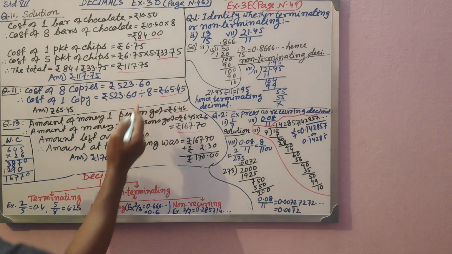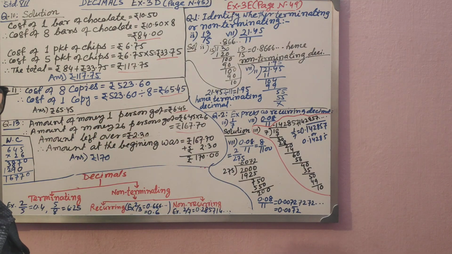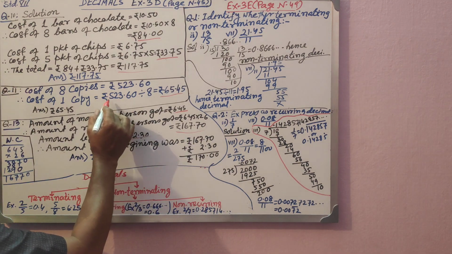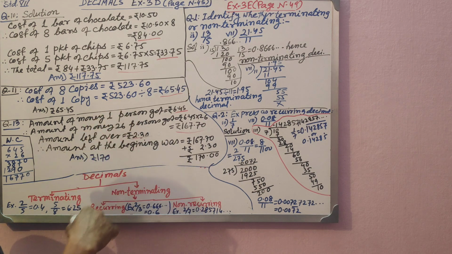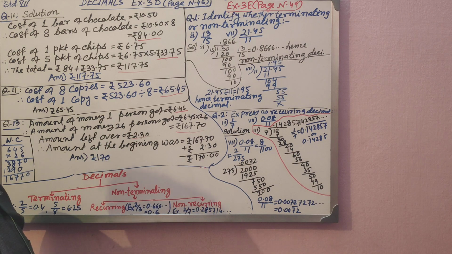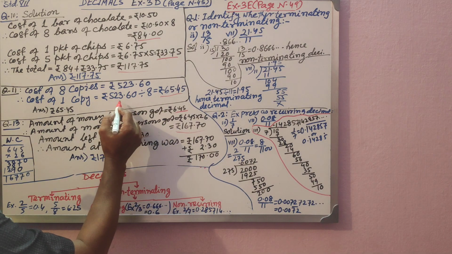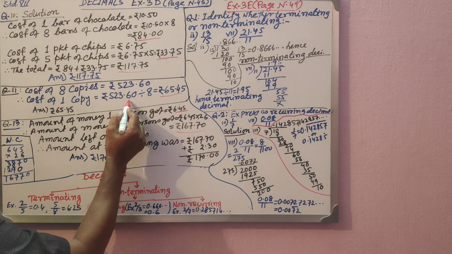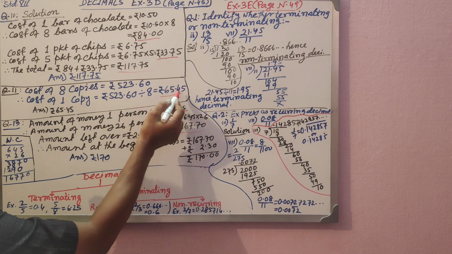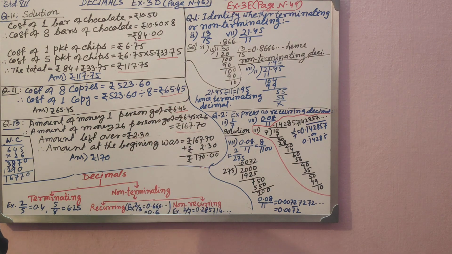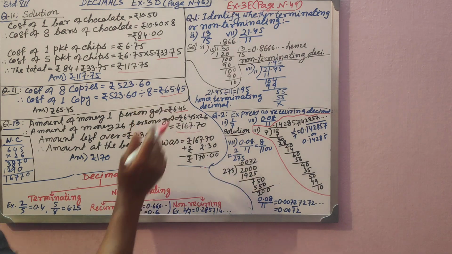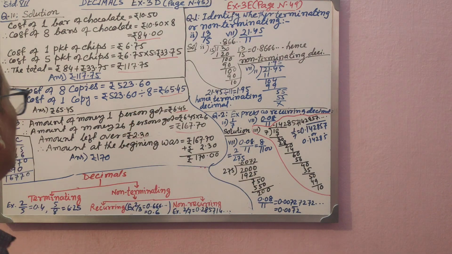If you do the division of this decimal, it can also be done without the help of a working column. 8 6s are 48, 4 left over, 4 and 3 43, 8 5s are 40, then 3 left over, 3 and 6 36, and then 4 8s are 32, 4 left over, 4 and 0 40, 8 5s are 40. So rupees 65.45 will be the answer, the cost of 1 copy.